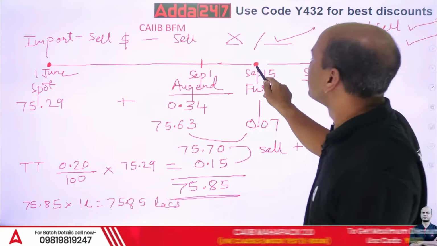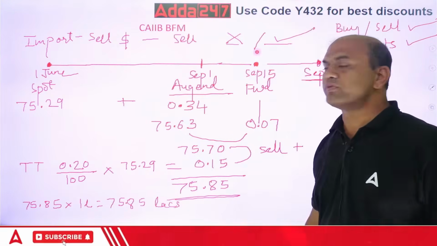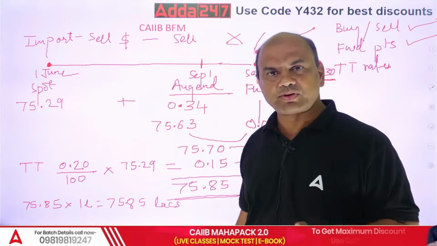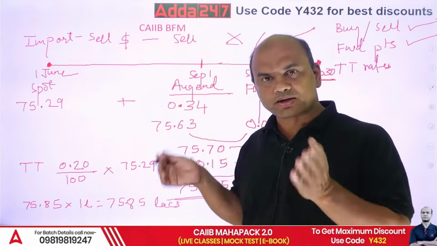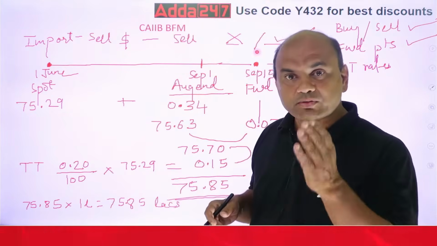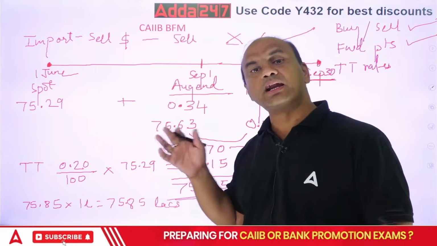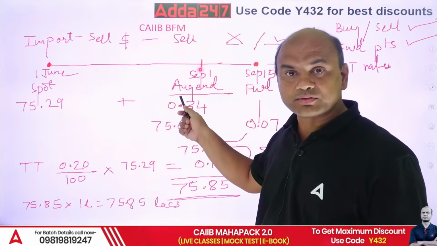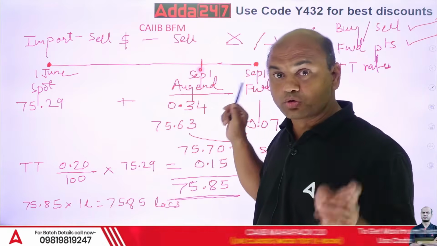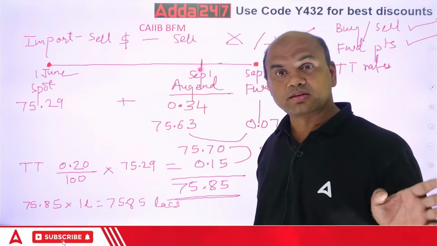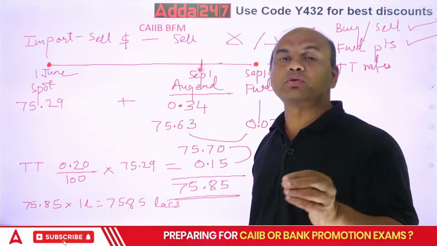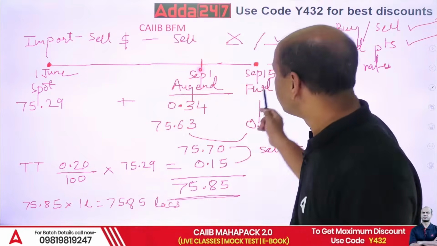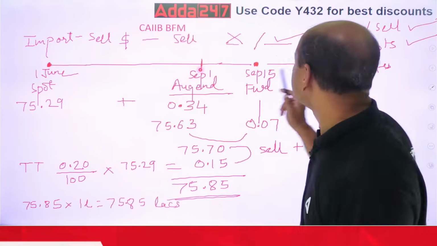Whenever I have to book the rate for September 15th, I'll have to see two parts: September 1, the starting of the month, and the end of the month. Don't focus on any other month. If you want September 15th, focus on September start and September end.